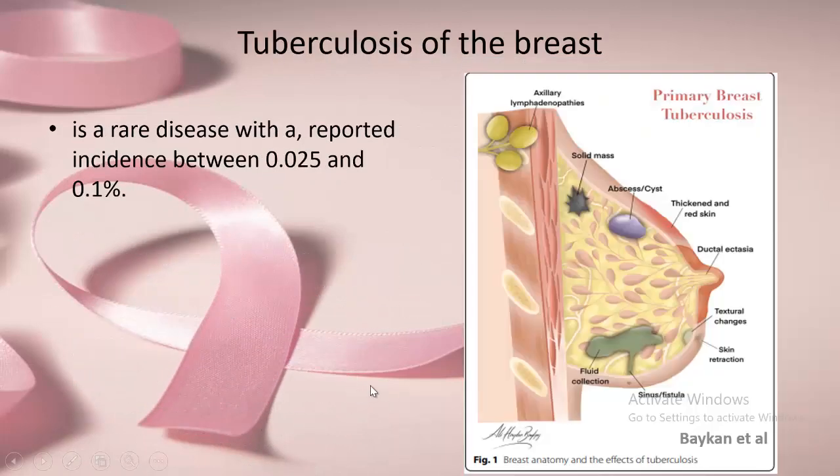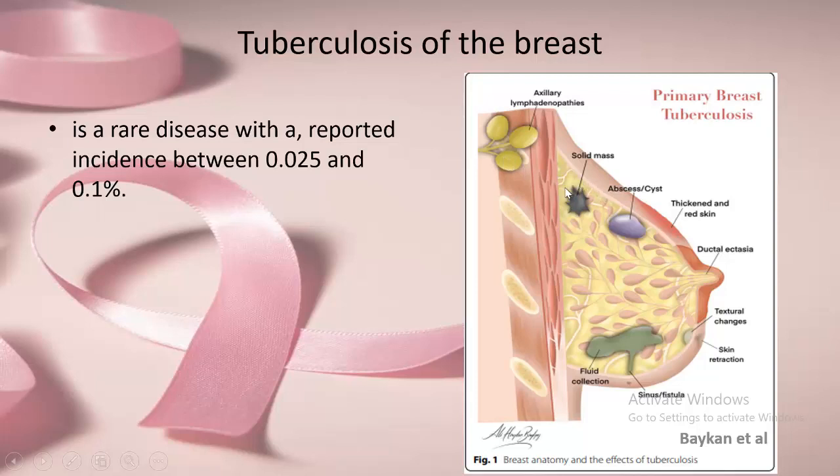TB of the breast is a rare disease, with a reported incidence of only up to 0.1%. However, it has many manifestations that may affect the breast. The most important is the presence of lymphadenopathy. When you find a caseating lymph node in the axilla, you should think of TB.